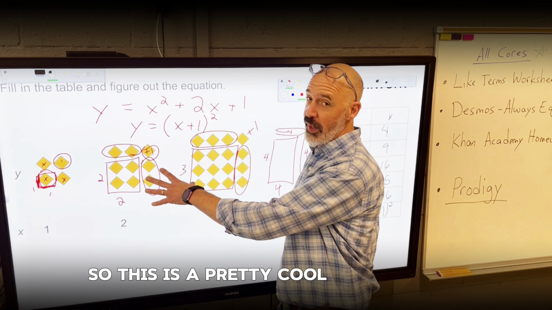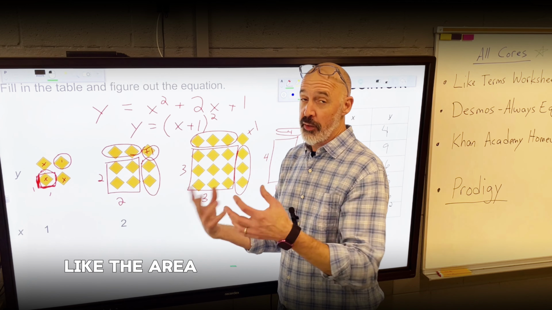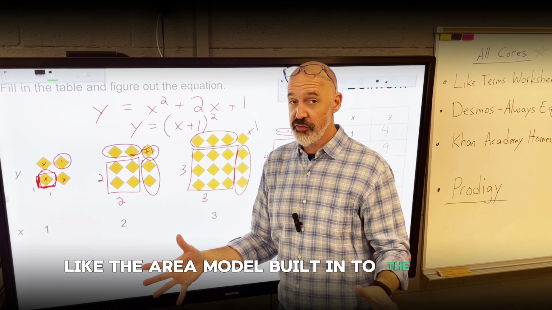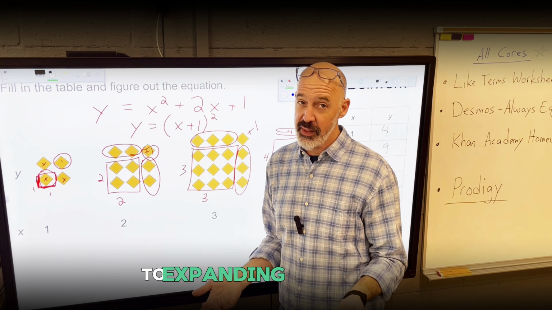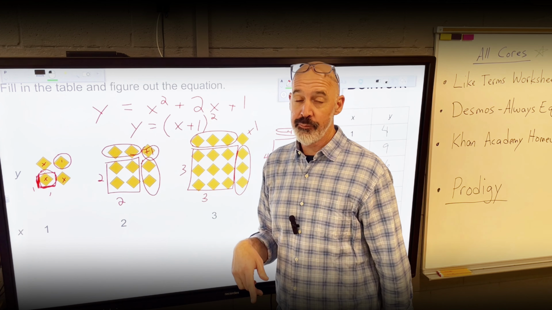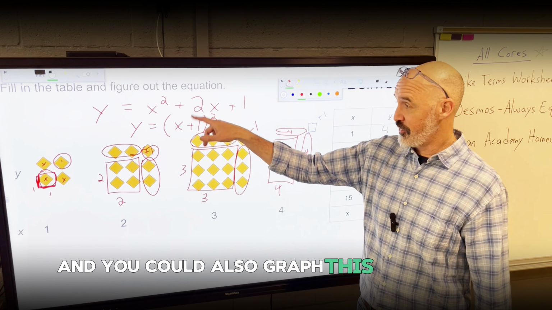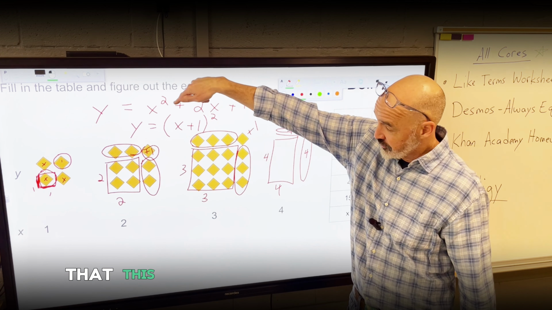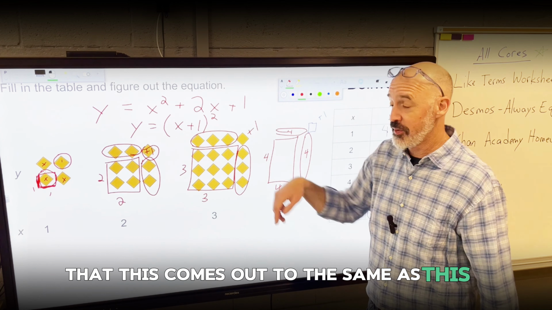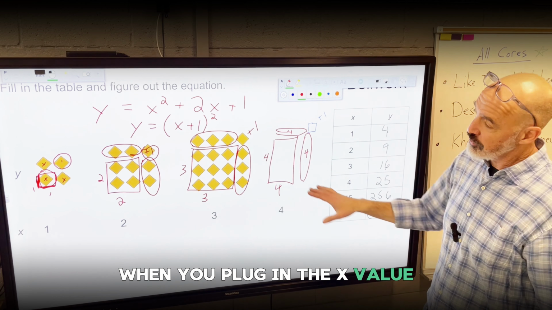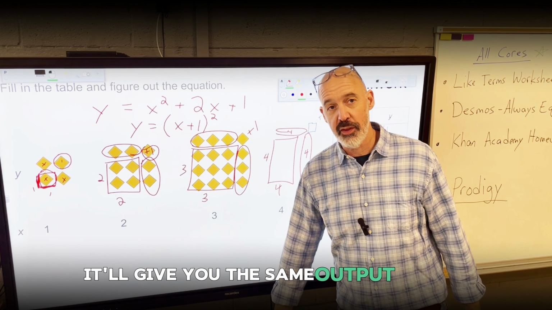So this is a pretty cool way to see the area model built into the FOIL method to expanding a binomial. This all ties together, and you could also graph this equation and see that this comes out to the same as this. When you plug in the x value, it'll give you the same output, the y.